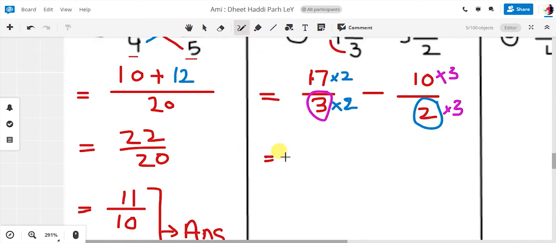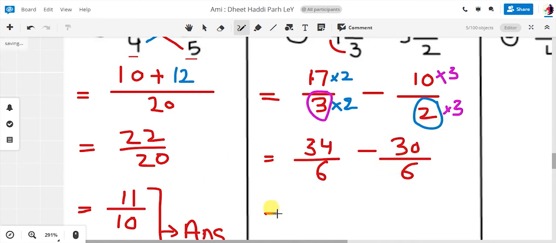Now, 17 times 2 is 34 and 3 times 2 is 6, minus 10 times 3 is 30 and 2 times 3 is 6. Now it becomes like fractions, so write 6 one time and go for subtraction.